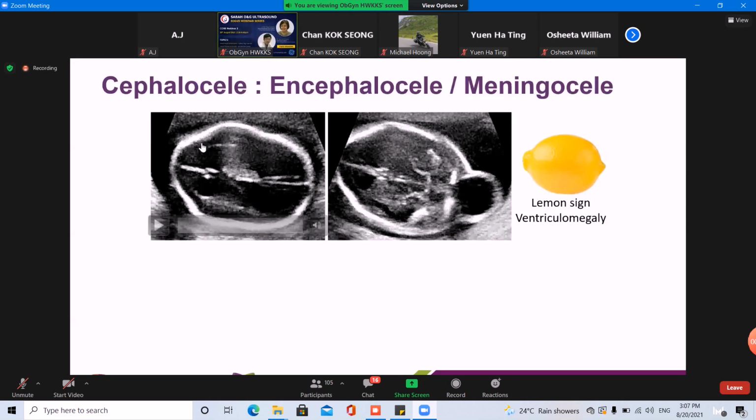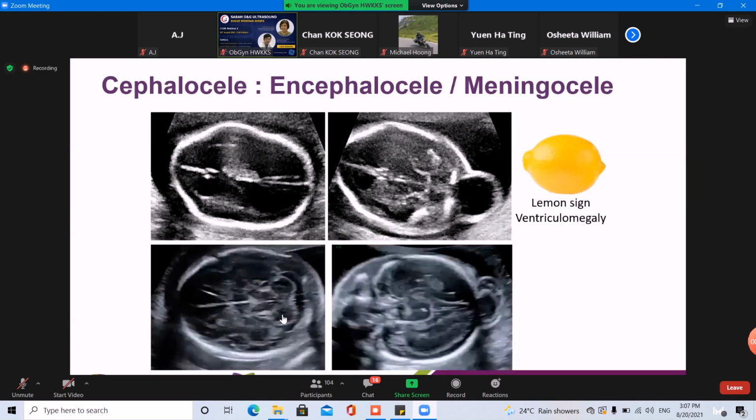So the frontal bone just scallops and forms the shape of the lemon. And why is there ventriculomegaly? It is because of the suction force. The cerebellum is also almost sucked out. It just crashes against the skull bone, and therefore it causes obstruction to CSF flow, and therefore the ventricles will be dilated.